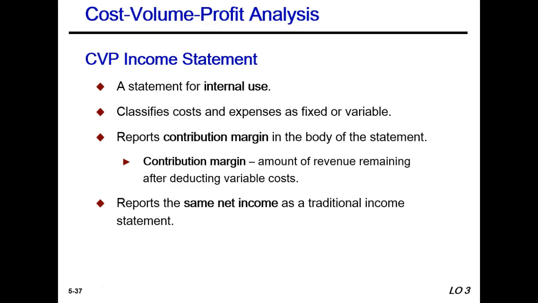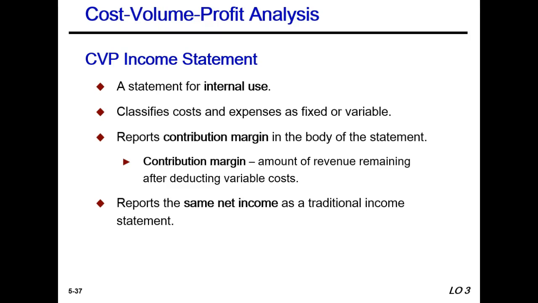Okay. CVP income statement. Most of managerial accounting is for internal use only. It's not going to external users. I hope that's one thing you really understand with managerial accounting. It's for internal users only. It classifies costs and expenses as fixed or variable. And this is the key.